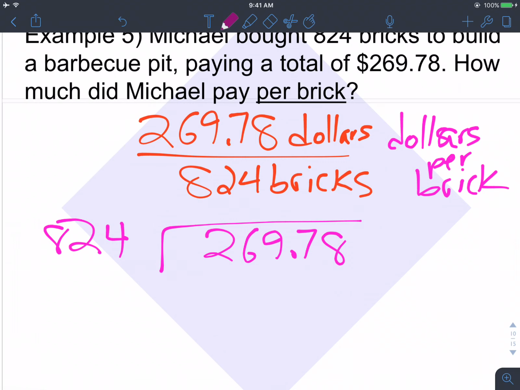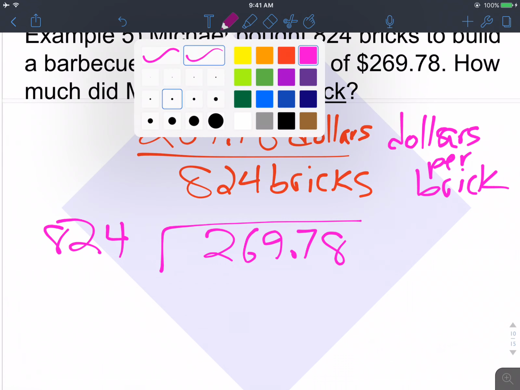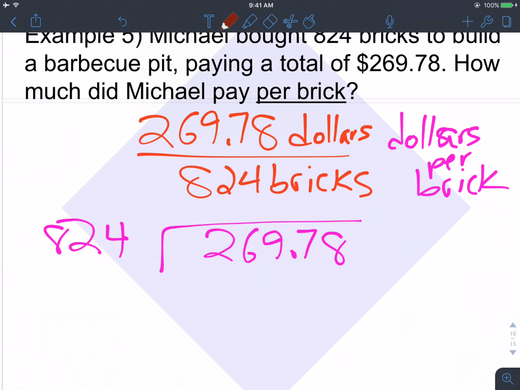824 does not go into 269, so I think it'll go into 2,697 maybe 3 times. Three times 4 is 12. 3 times 2 is 6, is 7. 8 times 3 is 24.